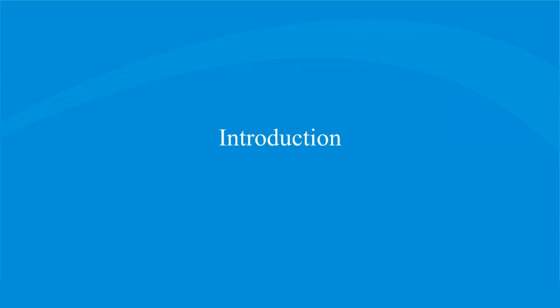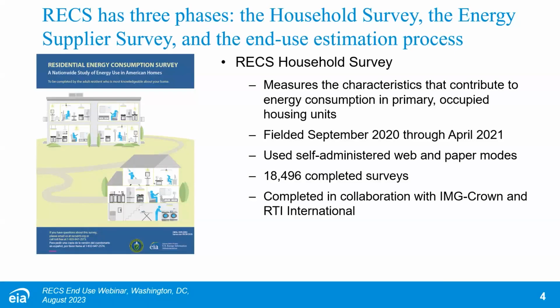I'm going to get started with a brief overview of the entire RECs program and process. There are three phases to RECs: the household survey, the energy supplier survey, and the end-use estimation process. Let's start with the household survey. The RECs household survey measures the characteristics that contribute to energy consumption in the home.